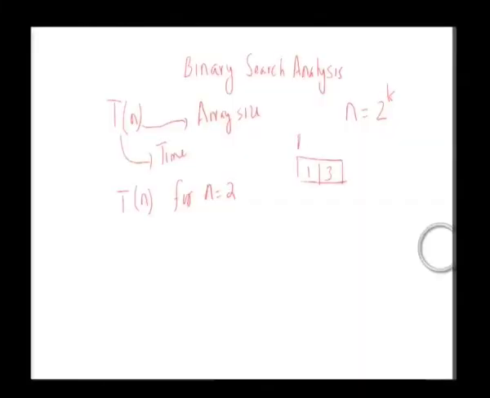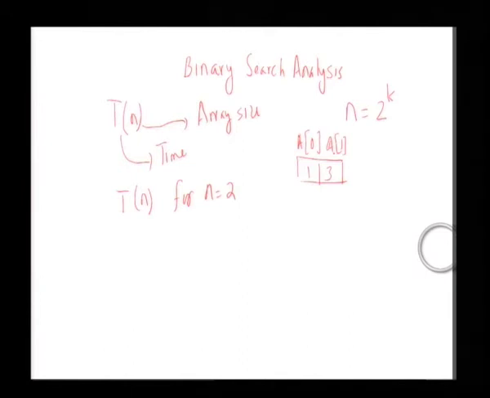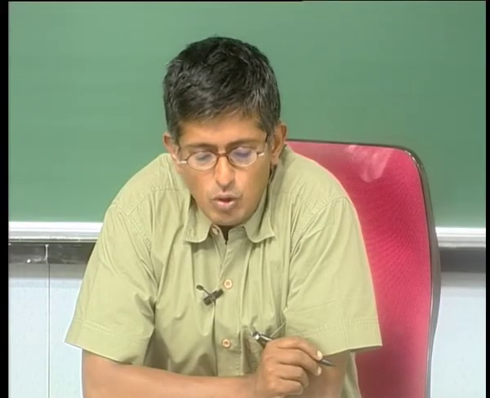So, this is the array index 0, this is the array index 1, and it is clear that a queried element can be resolved for whether it is present or not in the array in 2 comparisons, in a maximum of 2 comparisons.